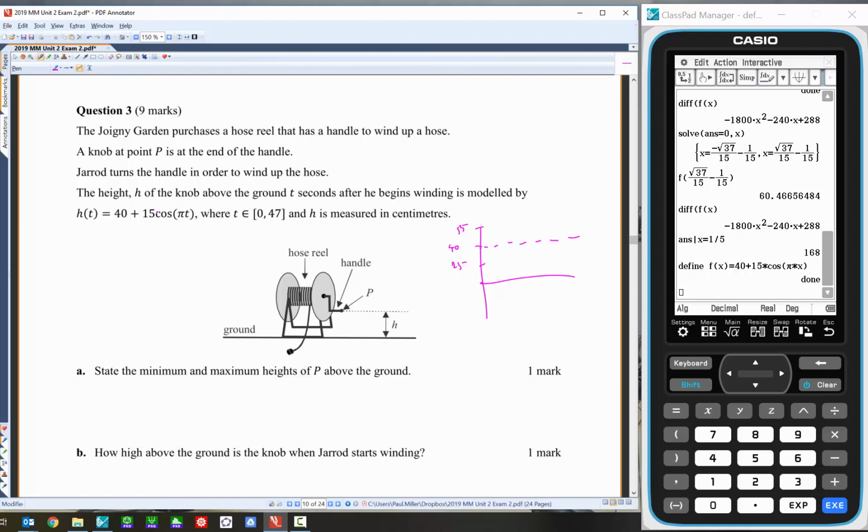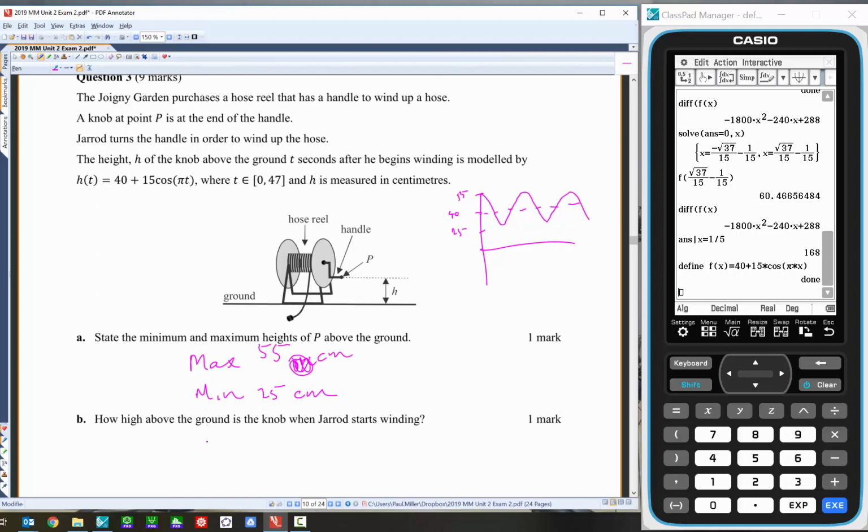And we've got cosine, an upright cosine, so it's going to go like this. That means the max is going to be 55 centimeters and the min is going to be 25 centimeters.